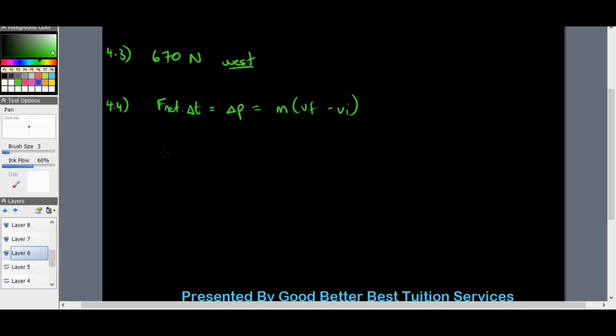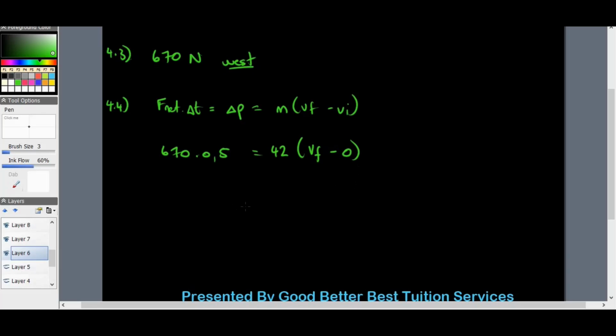So we sub in 670 newtons times 0.5, basically half of 670, is equal to the mass of dancer B, which doesn't change, it's still 42. We are looking for the final velocity. Remember, they were at rest initially, so it's vf minus 0, which just leaves us with 42 vf.